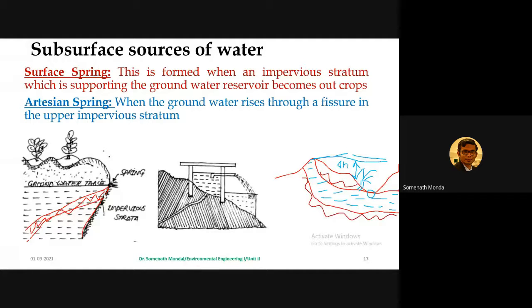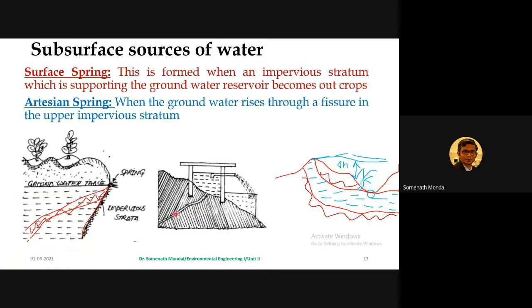The next one is very interesting, that is the artesian spring. When the groundwater rises through a fissure in the upper impervious stratum, it is basically known as an artesian spring. There are many ways an artesian spring can happen. Here we have shown an artificial artesian spring, where we have created structures in which water is stored.